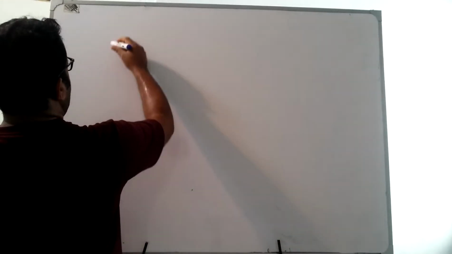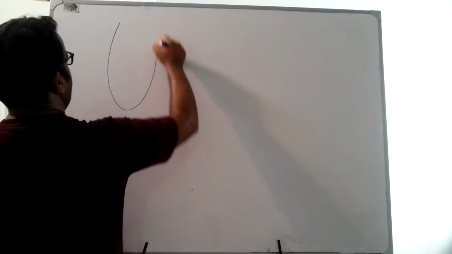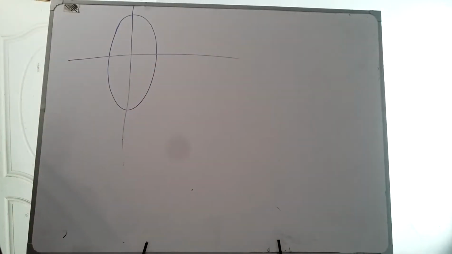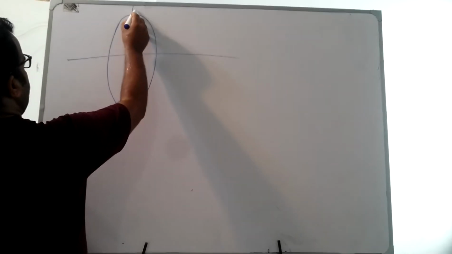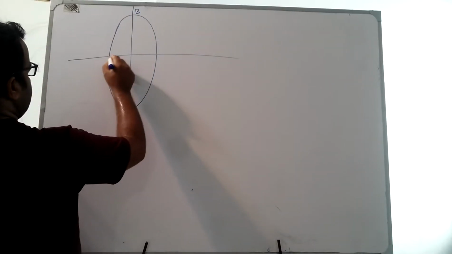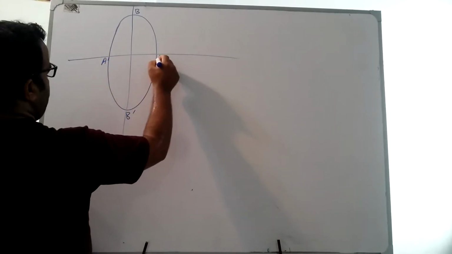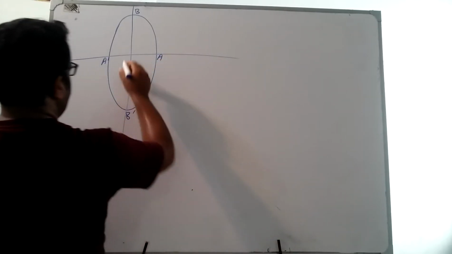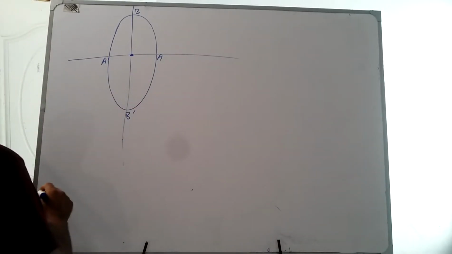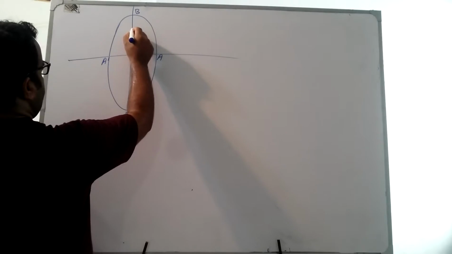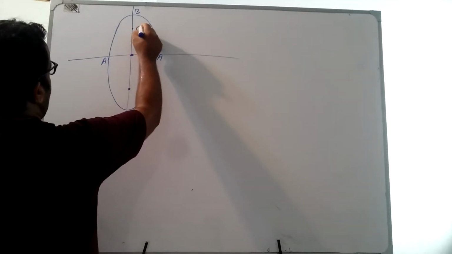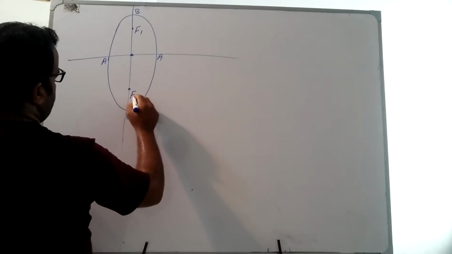Now our ellipse may be just like this. Now B and B dash is the major axis, A and A dash is the minor axis, and this is the center of the ellipse. There are two foci, F1 and F2.